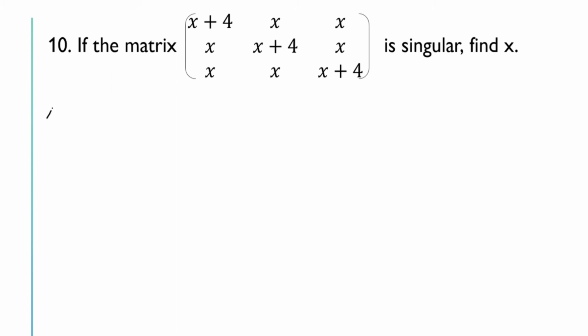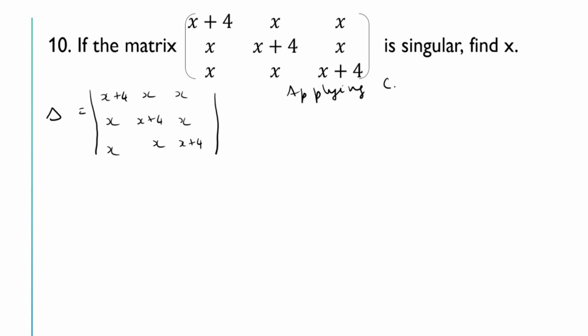So let us take delta as the determinant of the given matrix. Let us perform the operations C1 changing to C1 minus C3 and C2 changing to C2 minus C3.